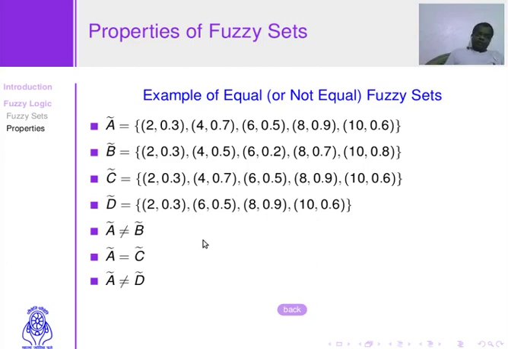Okay. So whenever you do not find any element in a particular fuzzy set, it simply means that degree of membership for that element is 0 in that particular fuzzy set.